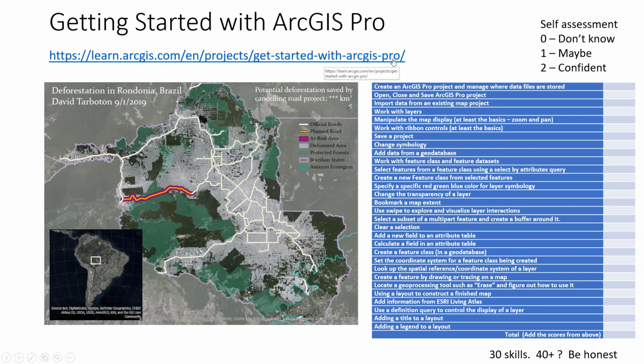So this is a learning module that's prepared by ESRI, going through the basics of using ArcGIS Pro. At the end of it, you end up with this map of deforestation in the Amazon, which is actually kind of apropos these days with the fires that we've had there recently.